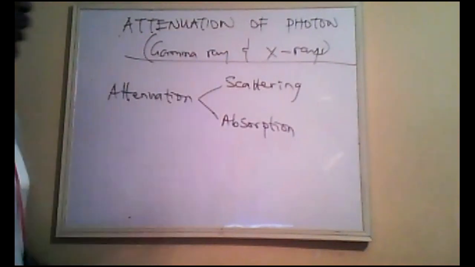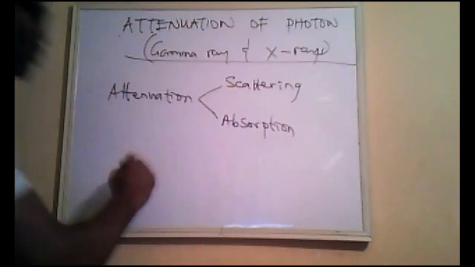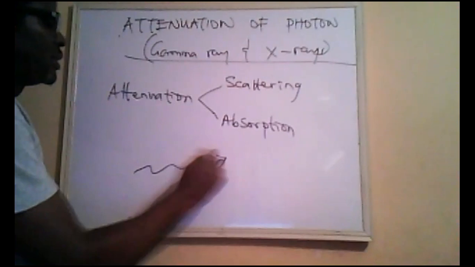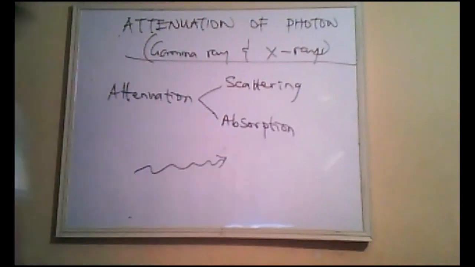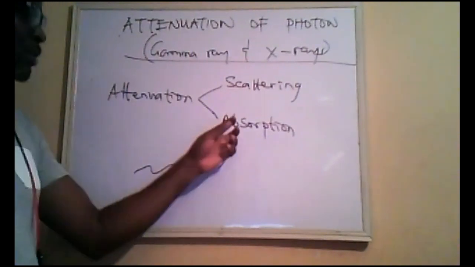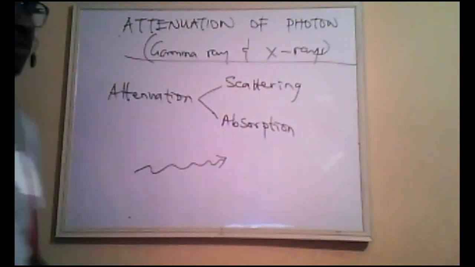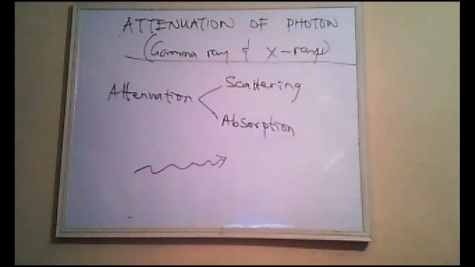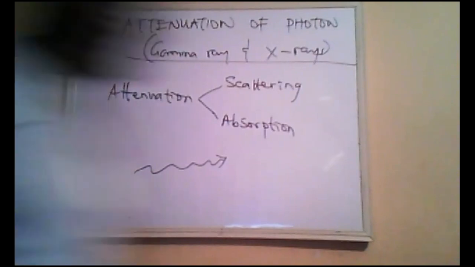These are the two major ways. As the photon continues to traverse the matter, it undergoes interaction with so many things, electrons, the nuclear material, and so on. The energy continues to reduce. With absorption, the material absorbs some of this energy, and as a result we have lesser energy.